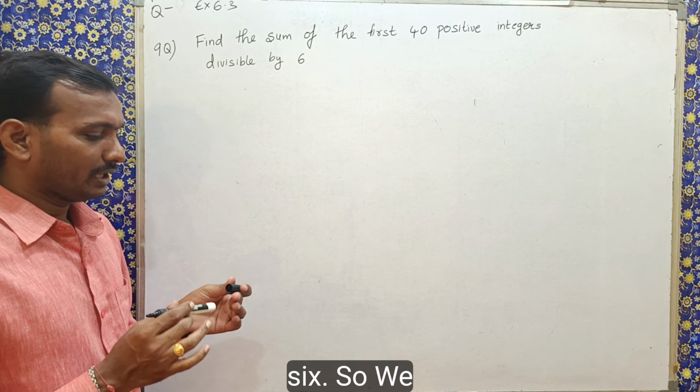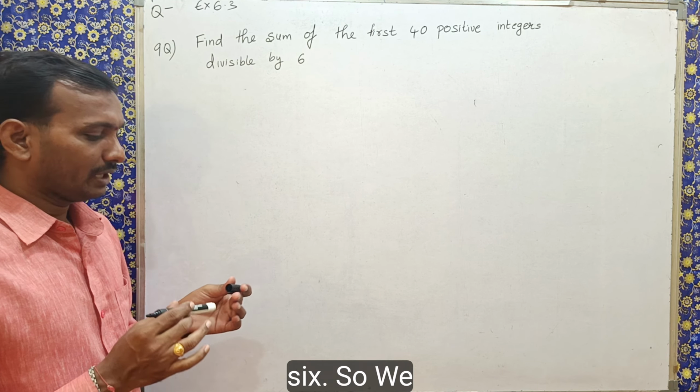That is, n value becomes 40, a value becomes 6, and the difference is also 6 only.